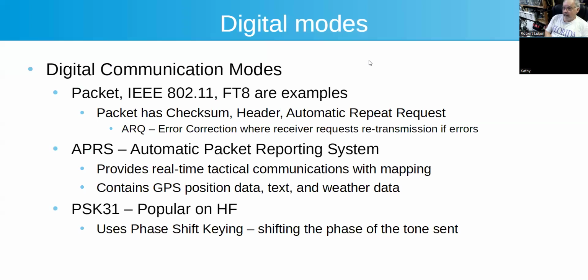Digital modes, you can operate in a lot of these newer digital modes. FT8 is probably the most popular one. There's actually a suite of software called WSJT-X, which has 8 or 10 different types of modes supported in it.